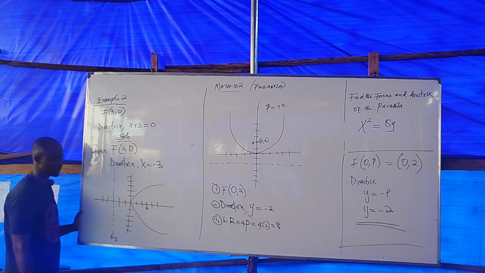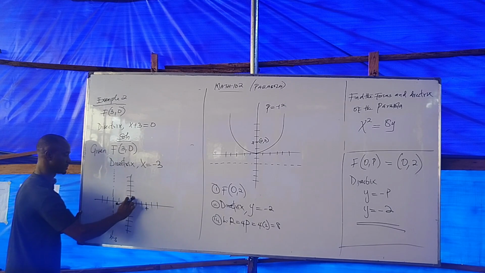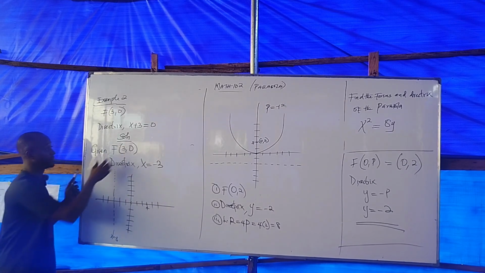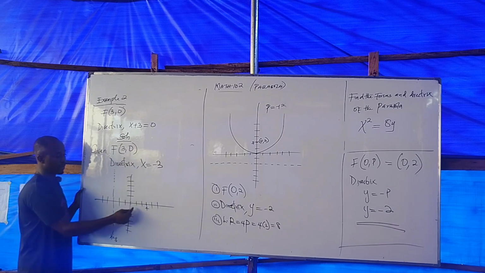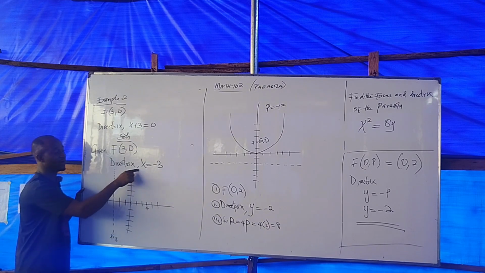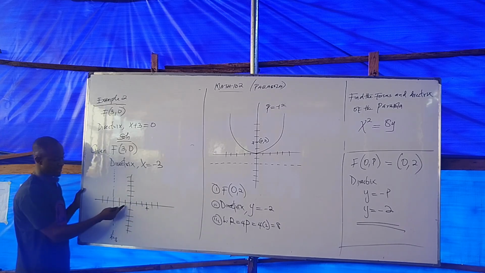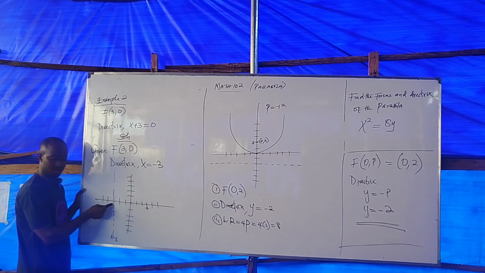We are told our focus is when x is 3, y is 0, and the directrix is x equals minus 3. This is negative x: minus 1, minus 2, and minus 3.